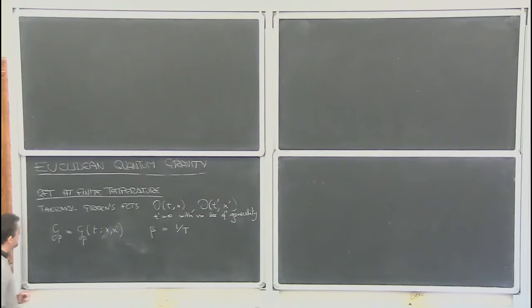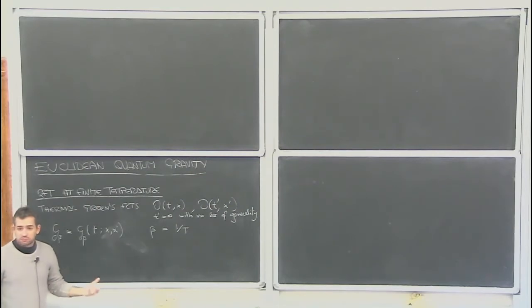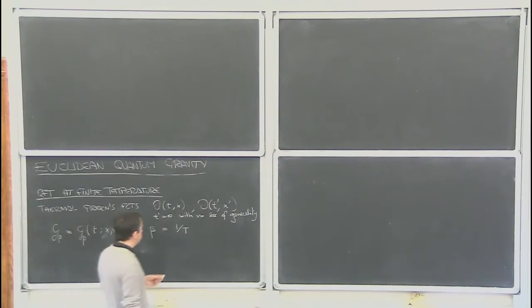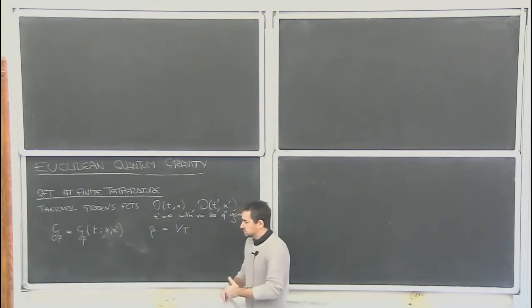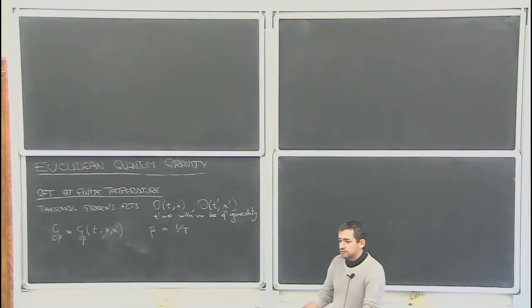Okay, this is what it does, but at the same time, if we want to compute a thermal partition function, we want to weight each state with e to the minus beta times its energy. This is what it means to compute a thermal partition function or a thermal correlator. So we are in a statistical ensemble. We don't know in which state our system is.